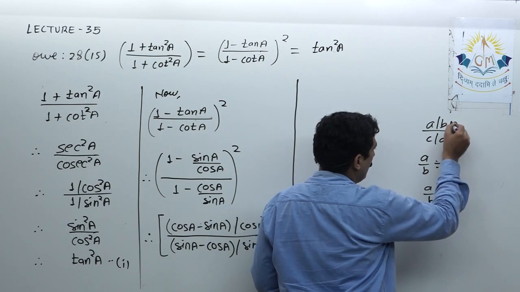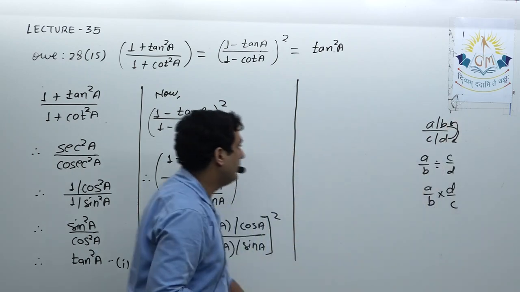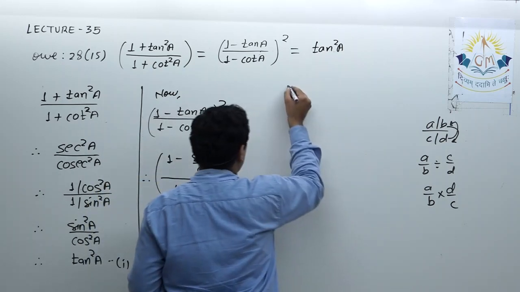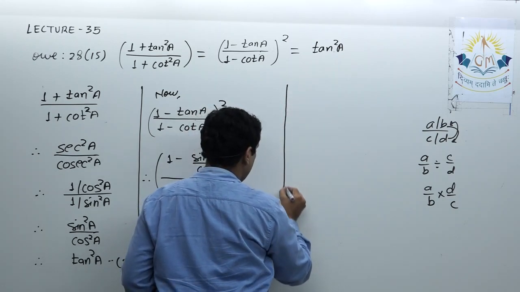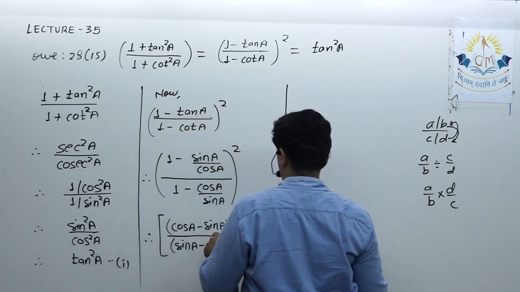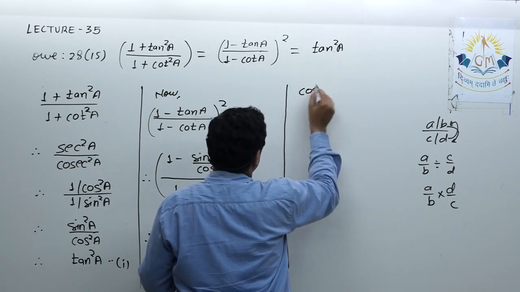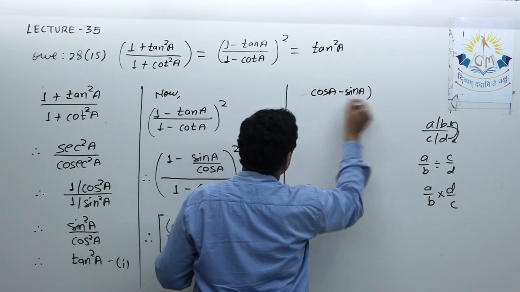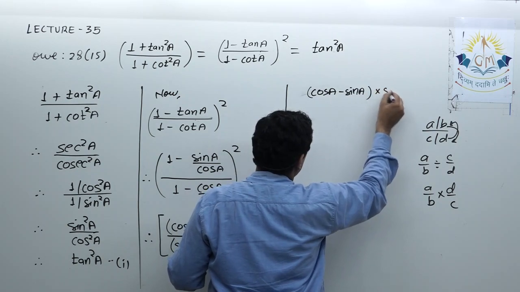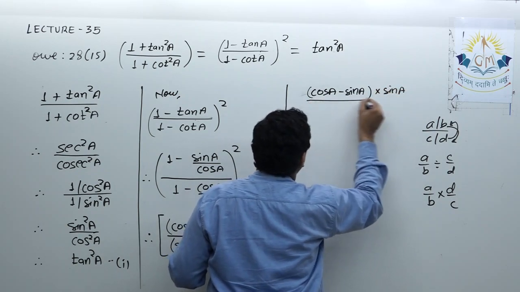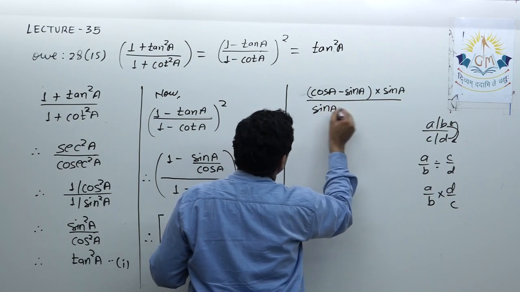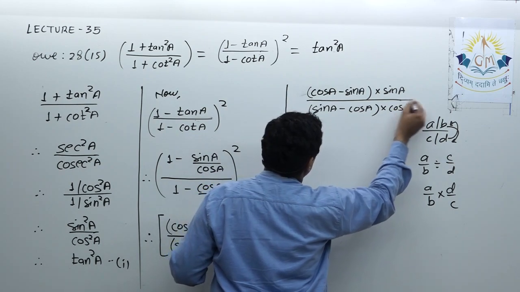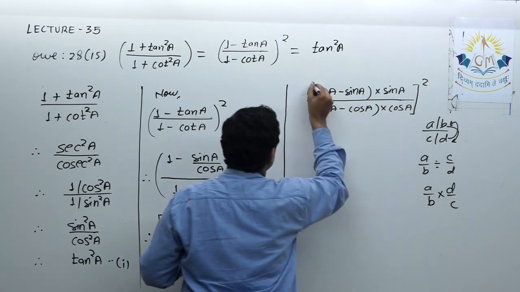That means this d will come over here and b will come downwards, while a and c remain as they are. So in the next step I can write cos A minus sine A into sine A, divided by sine A minus cos A into cos A, whole square.